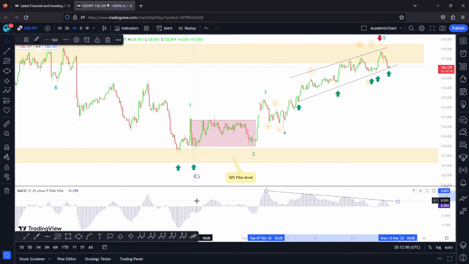I preferred MACD here. You can see that from this third wave, the price created higher highs, but we are seeing a completely vice versa situation here. We have lower highs, which we call divergence.